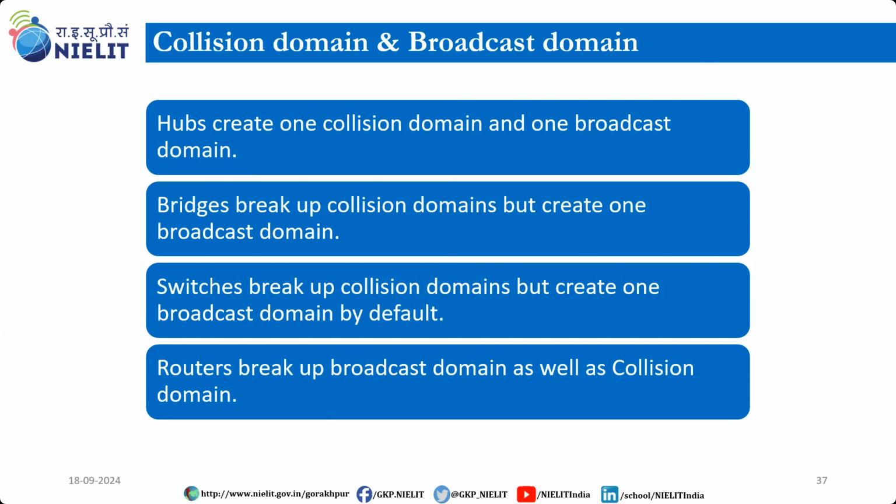So if 5 VLANs are created in the switch, it means 5 different independent broadcast domains are created. By default, there is only one broadcast domain in a switch. In case of a managed switch, if the administrator has configured multiple VLANs, there will be multiple broadcast domains.